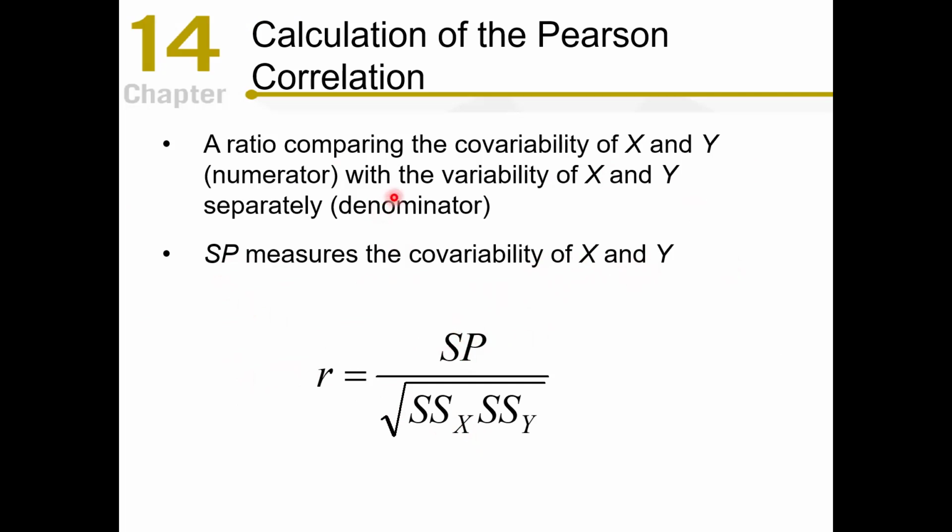And in order to determine the variability of X and Y separately, in the denominator we need the square root of our sum of squares for X and our sum of squares for Y. We know how to do sums of squares. You get your deviations, you square them, and then you work through getting the rest of that. So what I'm going to show you is how we do that. Very, very simple.